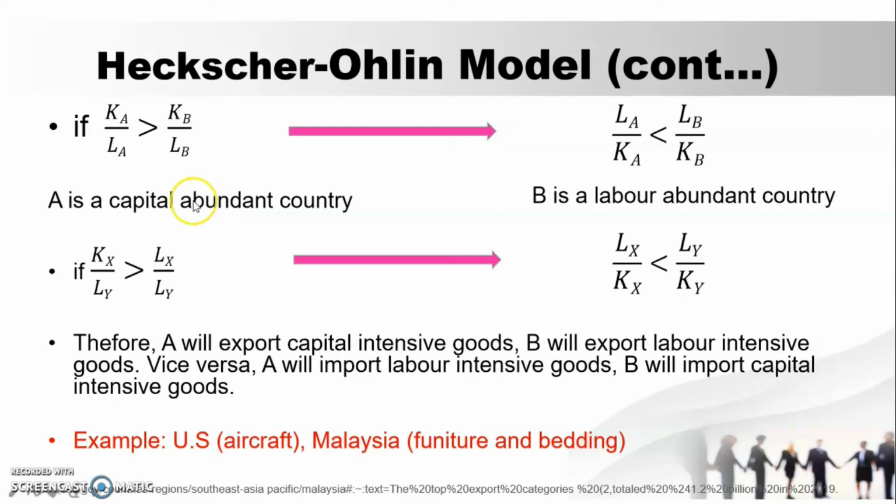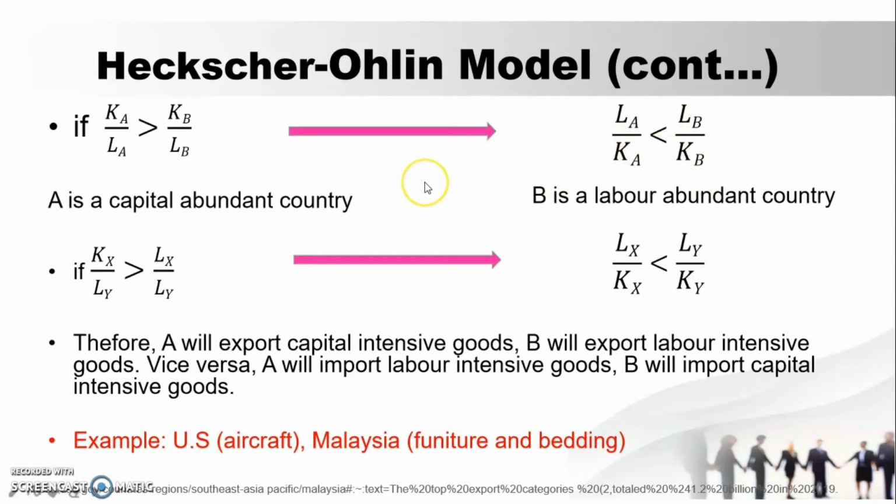So if there is more capital in country A relative to labor, then we say that country A is a relatively capital-abundant country. Note that we are comparing the capital per worker, or capital-labor ratio, in the two countries, not only the capital or labor. Hence, if this inequality is true, then it follows that this inequality is true.